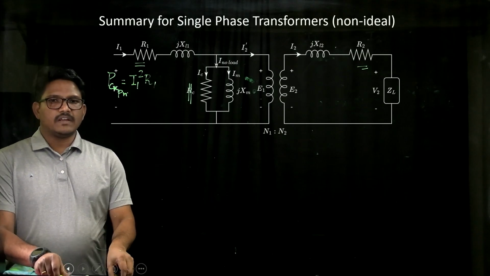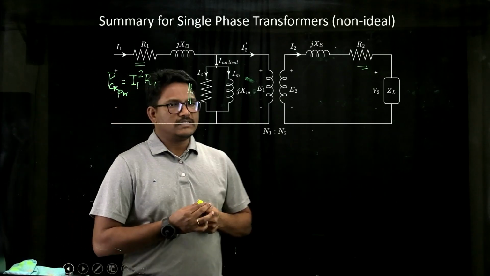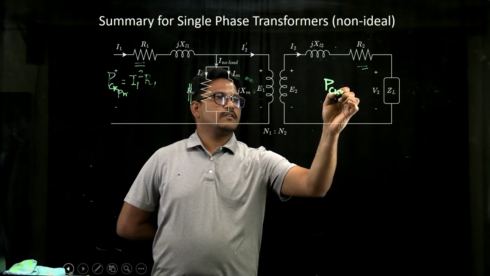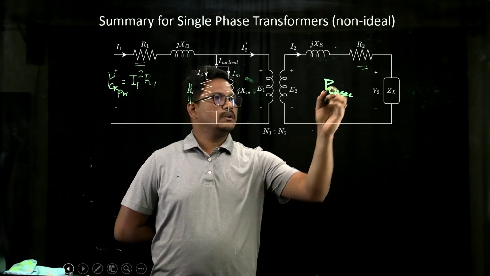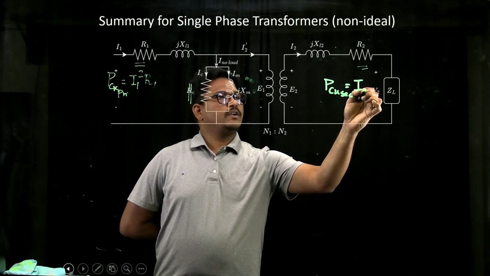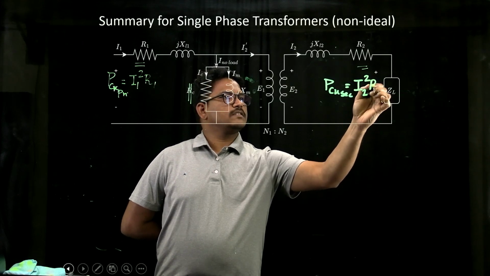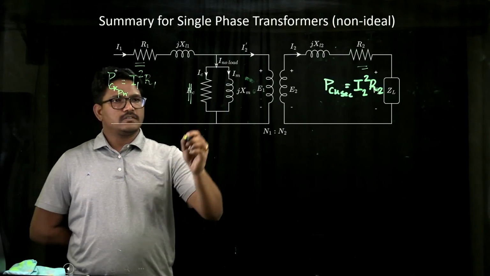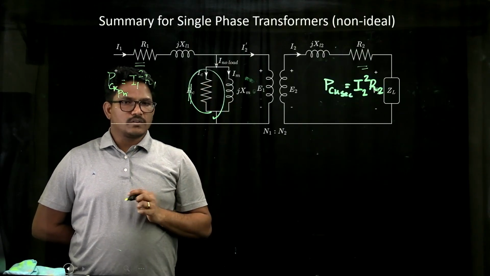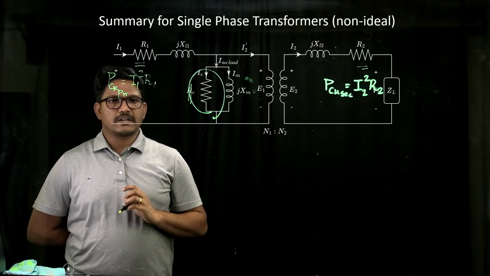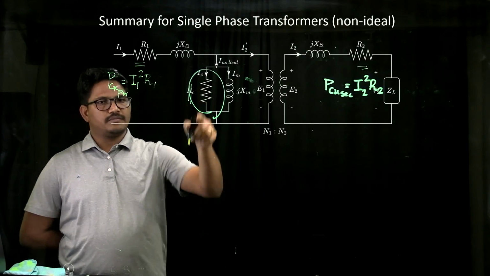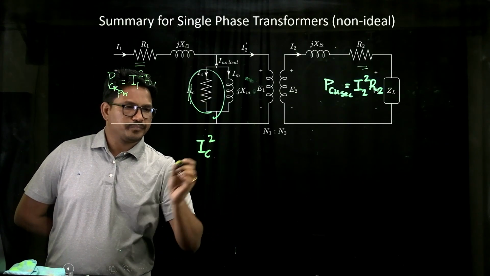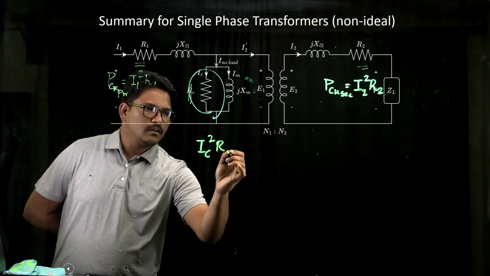Similarly, we also have the copper losses on the secondary winding of the transformer, that is P copper losses on the secondary side is nothing but I2 square times the resistance on the secondary, R2. As well, we also have the core losses, which are due to the current IC, that is a leakage current due to the core, and the resistive representation of the core, which will be IC square multiplied by RC.